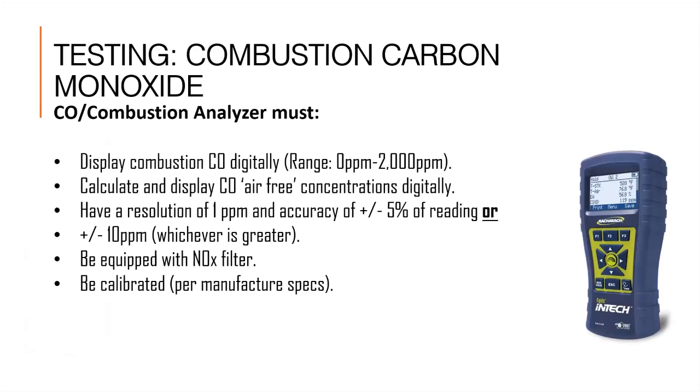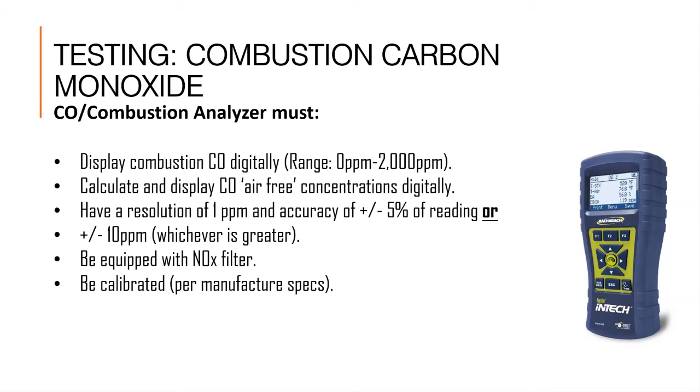The tool that we use for measuring carbon monoxide levels are called combustion analyzers. And here are some key functions that they need to do to meet current building science standards. They've got to be able to display the combustion carbon monoxide digitally, calculate and display carbon monoxide as air-free, as well as measured.